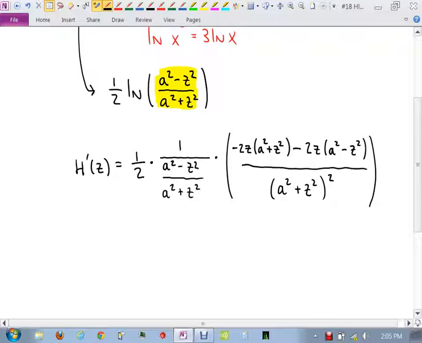Now I am going to clean this up. What about this? What's 1 over a fraction? It just flips the fraction over, doesn't it?